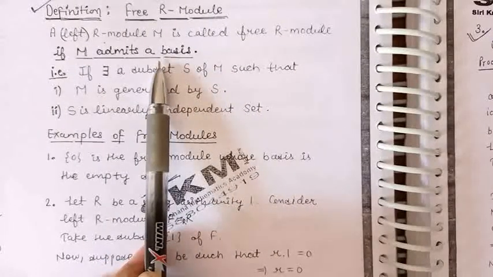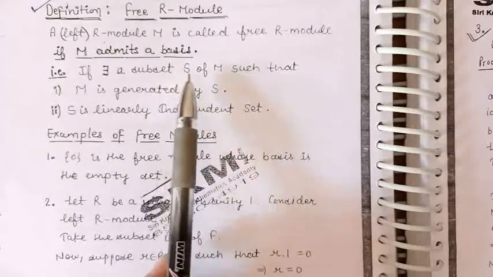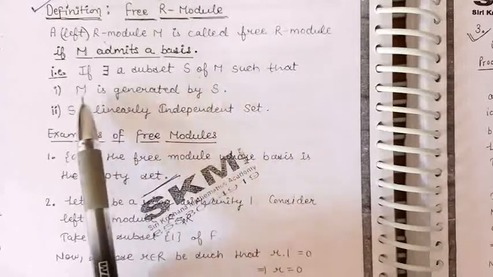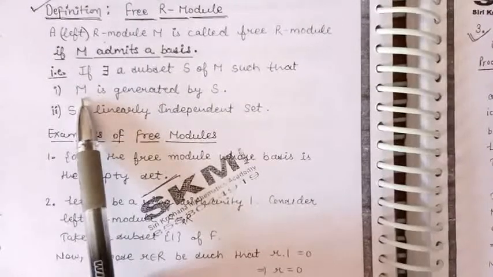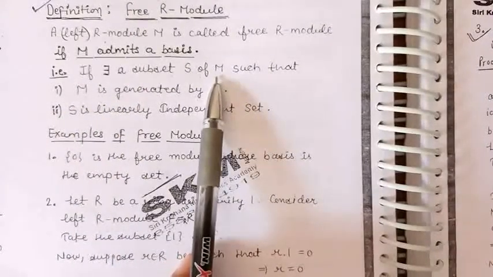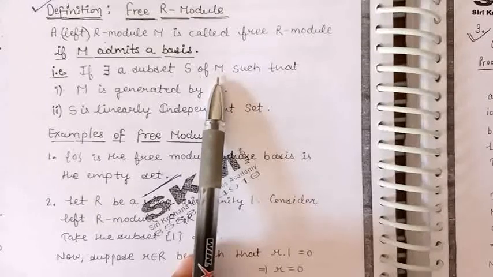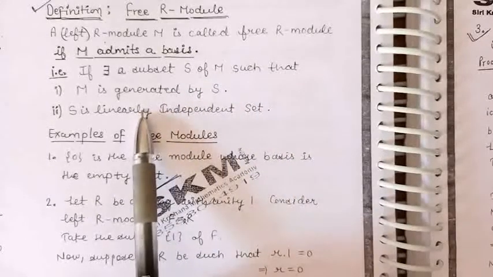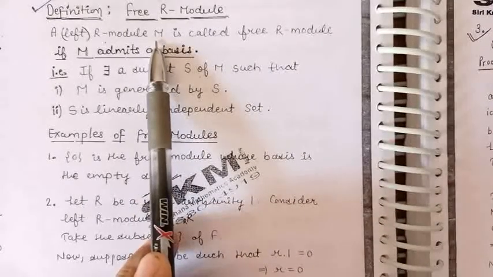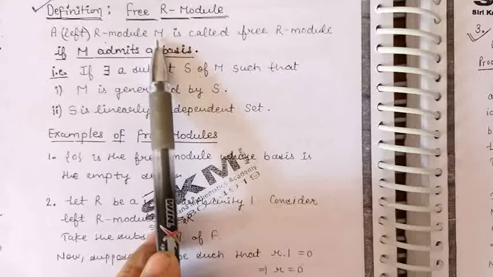It means, by definition of basis, there exists a subset S of M such that M is generated by S, and second condition, this subset S of M is a linearly independent set. So if these two conditions hold, then we say that M is a free module over the ring R.